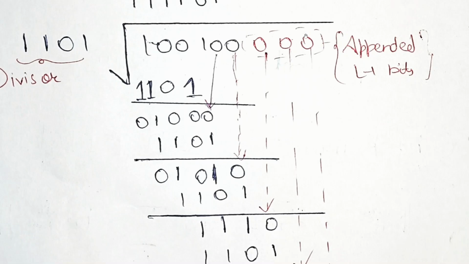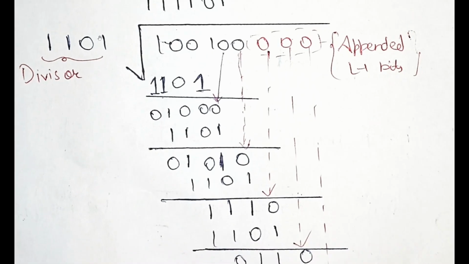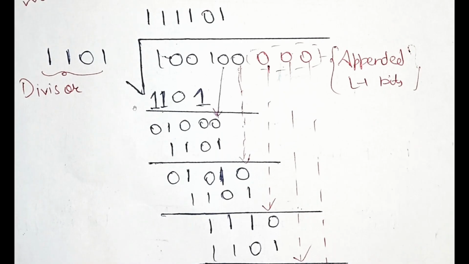Alright, now we are going to divide it. We are going to deduce the CRC. How are we going to do it? Simply do the division here: there is 1001, put 1 here, it came out to be 1101. Now subtract it.